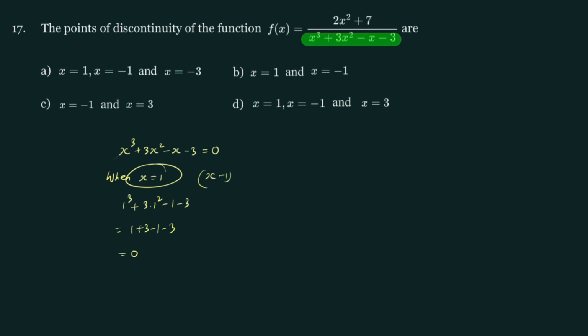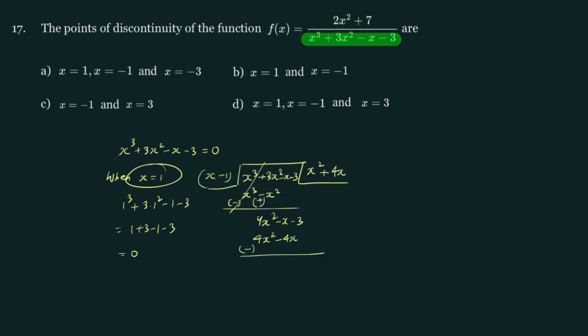So now let me divide. Let us multiply with x square, then it will be x cube minus x square. Change the sign. It will be 4x square minus x minus 3. Multiply with 4x in order to get 4x square here, then minus 4x.